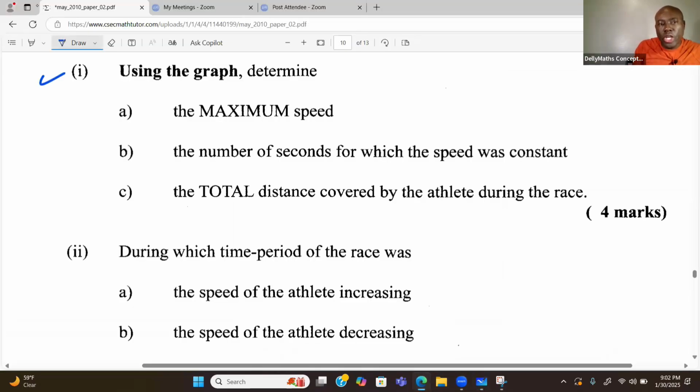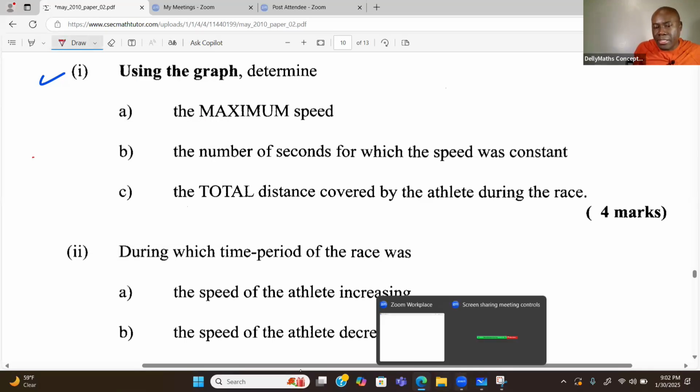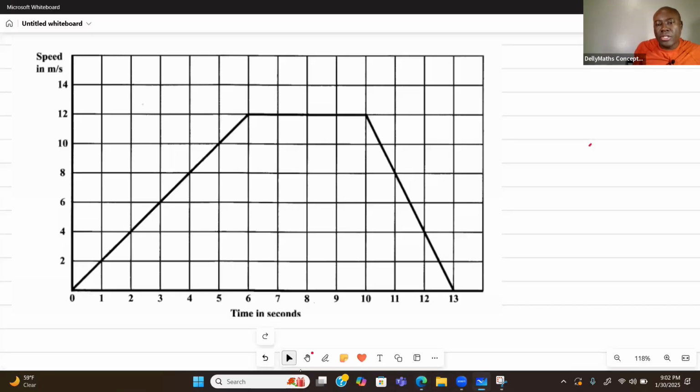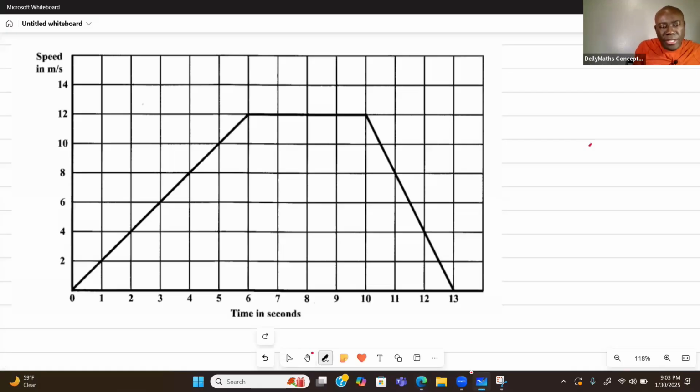Using the graph, determine number one, the maximum speed. So let us take a look at the graph. The speed is on this axis, and so we're looking for the highest point of this graph.